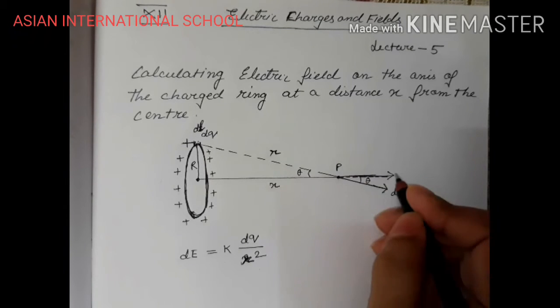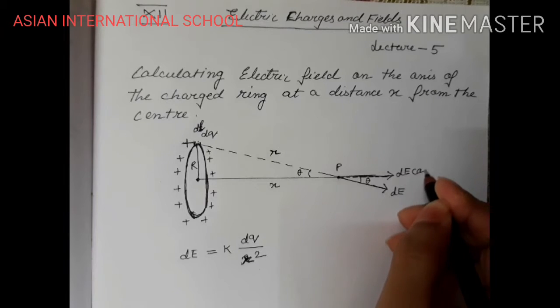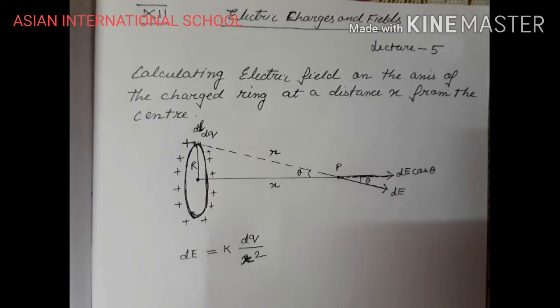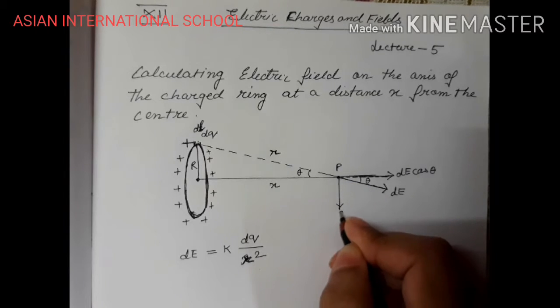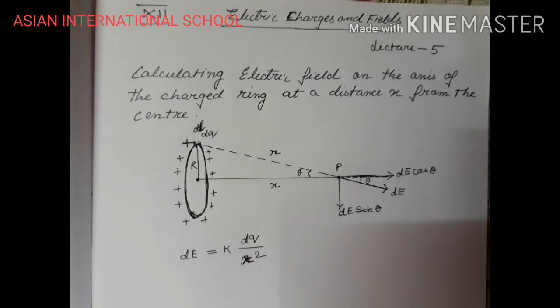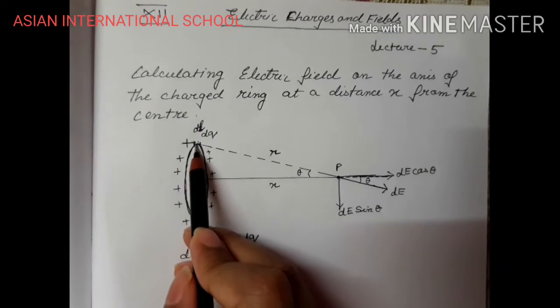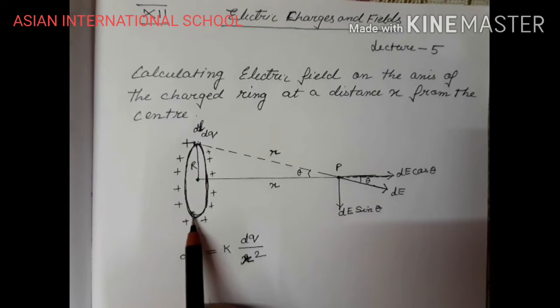Since the angle is theta, the components will be dE cos theta and dE sin theta. Now, instead of choosing the elementary portion over here, we could have chosen it in the downward direction.